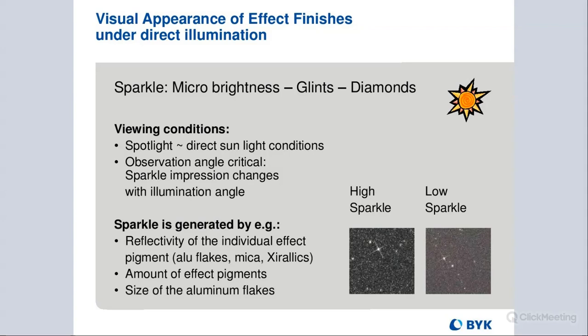So again, direct illumination. The observation angle is critical. There's 3 angles in the instrument for sparkle: 15, 45, and 75. And this gives you an idea of the reflectivity of the individual effect pigments, the amount or concentration of those pigments, and potentially the size of the flakes.